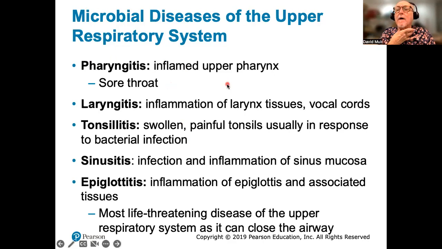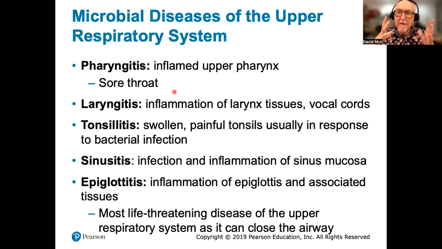It's in the upper part of the throat. Laryngitis arises when the larynx becomes inflamed, and especially when the vocal cords become inflamed. And laryngitis, also probably familiar to most of you, is when we lose our voice simply because the muscles are inflamed and don't work properly.